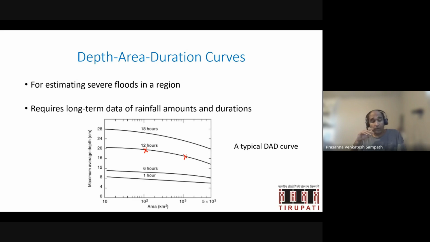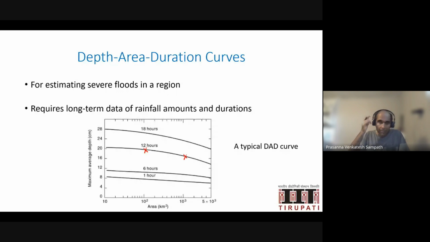And then I find out with the data, let's say the storm crossed for 8 hours, 10 hours, 12 hours, whatever it is, Chennai received 20 centimeters of rainfall during that storm event, 12 hours. Tirupati received, for the same 12 hours, 8 centimeters. Chennai received 20 centimeters, Tirupati received 8 centimeters.